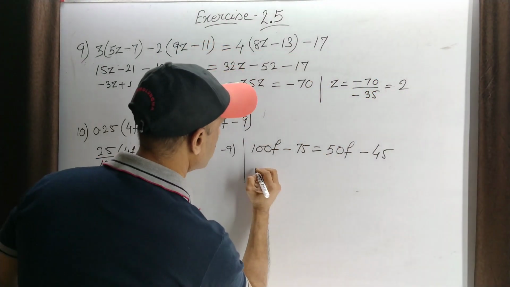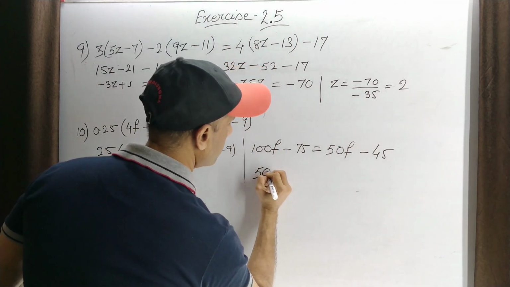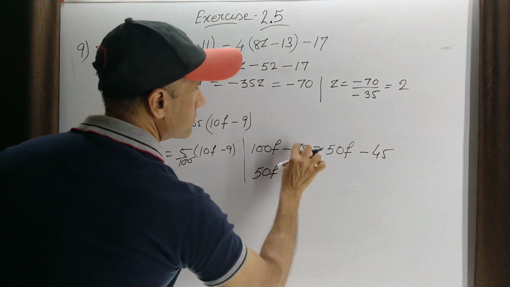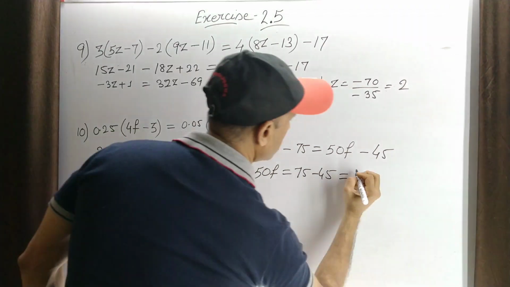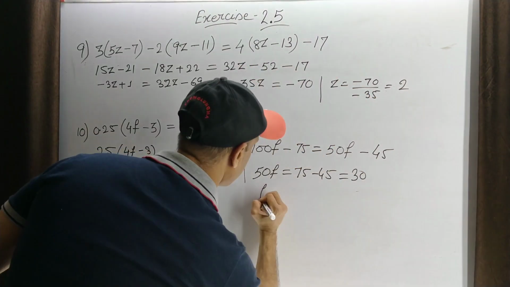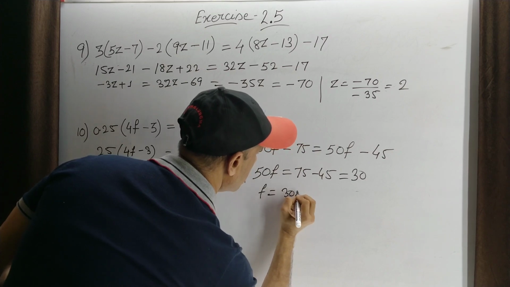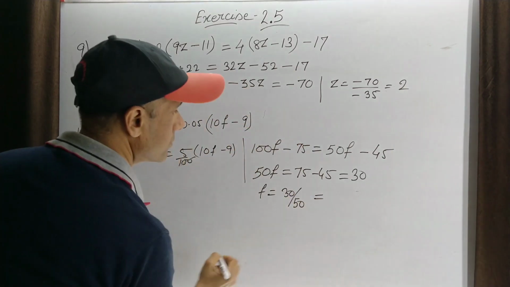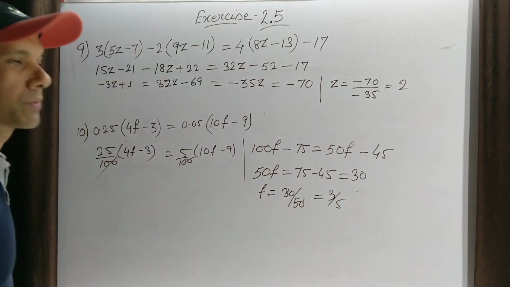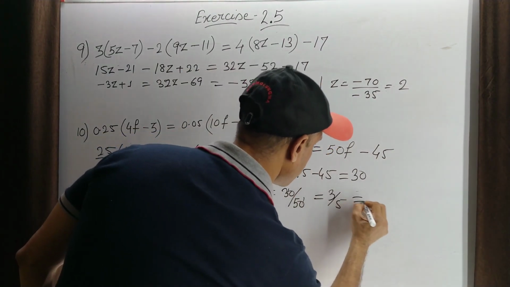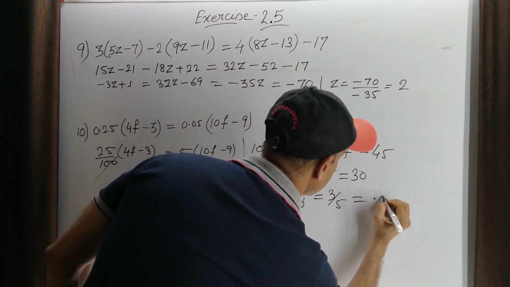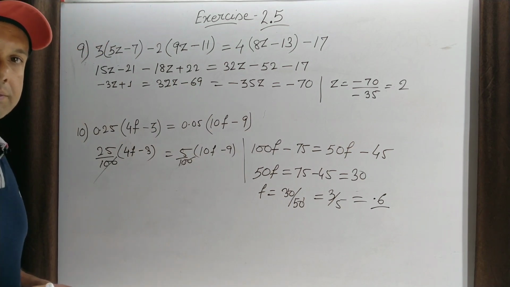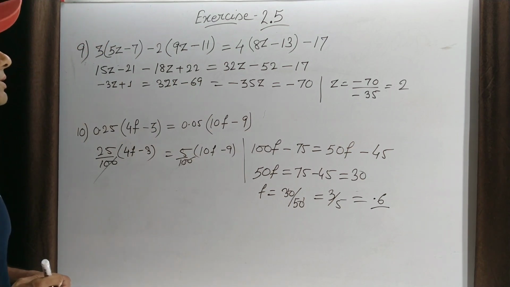So we get 100f minus 50f, that is 50f is equal to 75 minus 45, which is 30. So f is equal to 30 by 50, which is 3 by 5. In decimal you can convert it as 0.6. Clear? So this completes our exercise 2.5. Thank you.